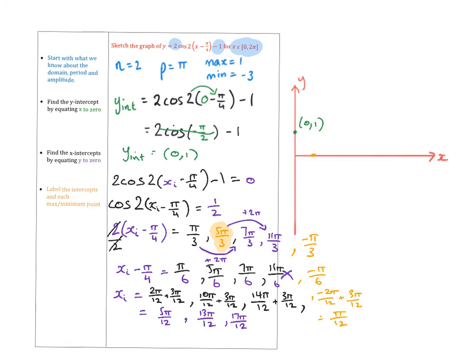So here I've got pi on 12. I know that I'm going to go down, come back up. My next answer is 5 pi on 12. And following that, we've got 13 pi on 12. And we've got 17 pi on 12.